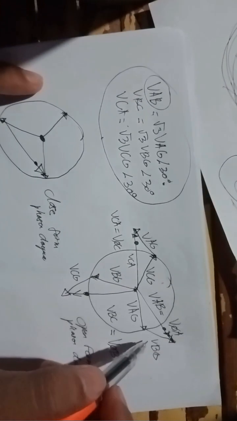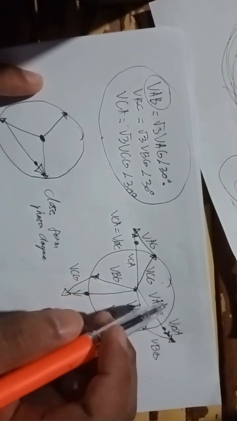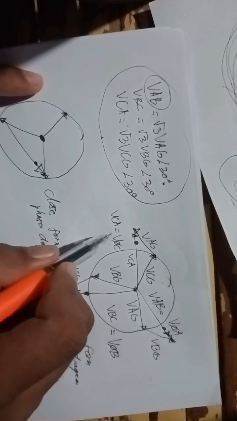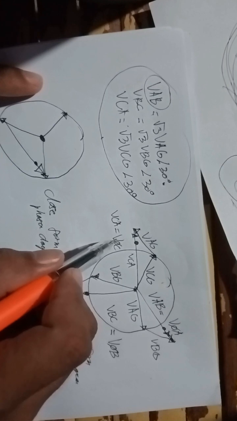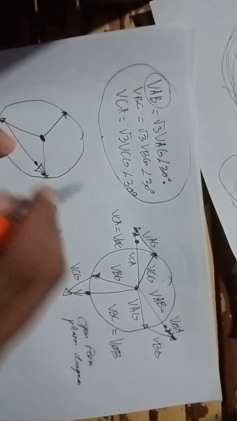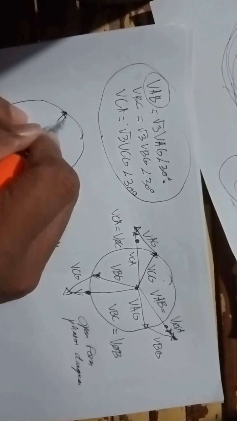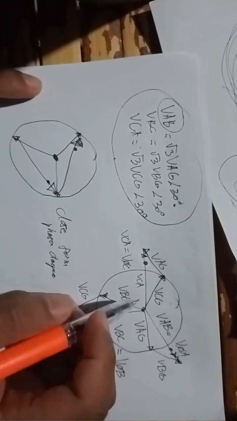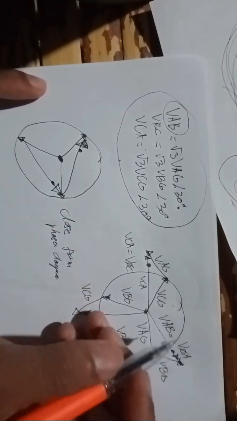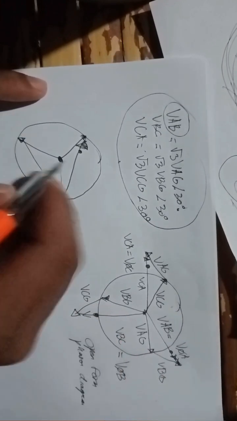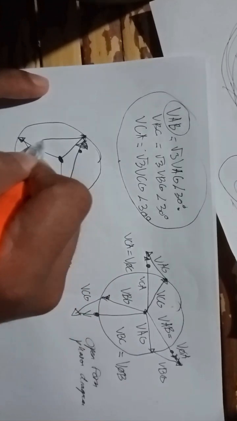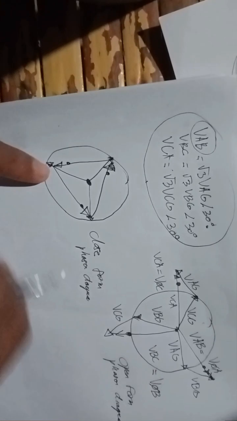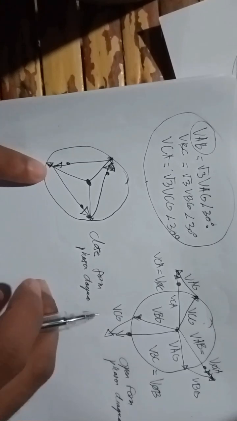Our VCA moves here, and our VCG moves here. So that is the closed form phasor diagram.